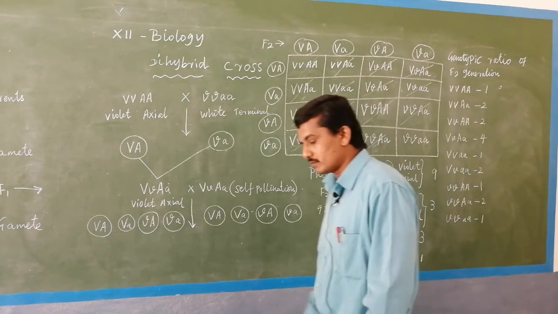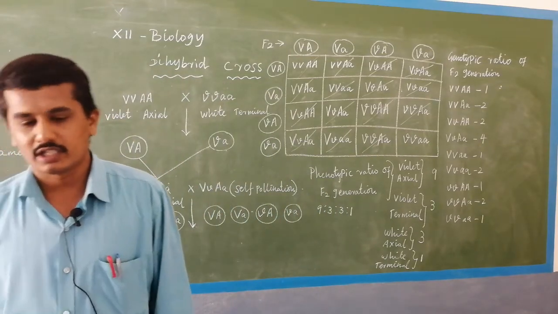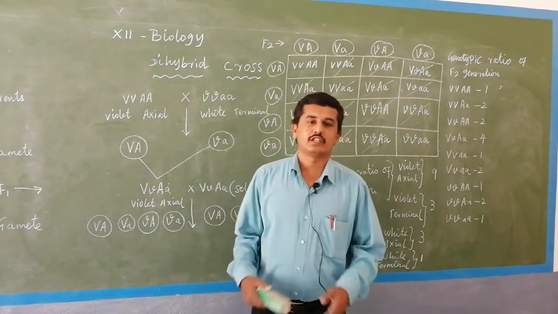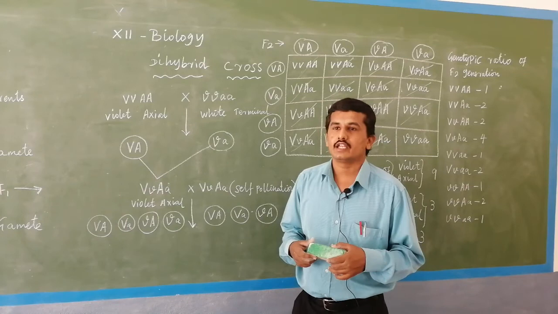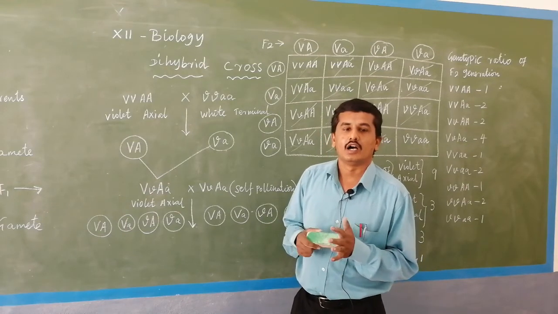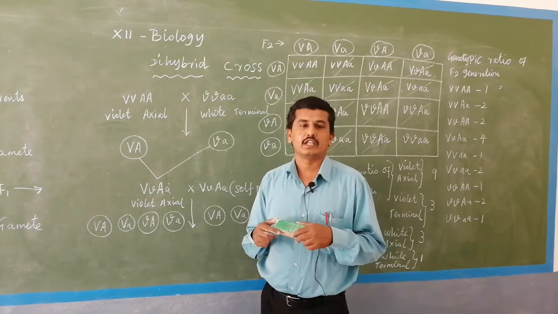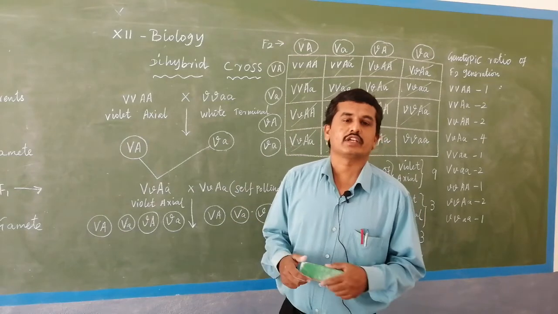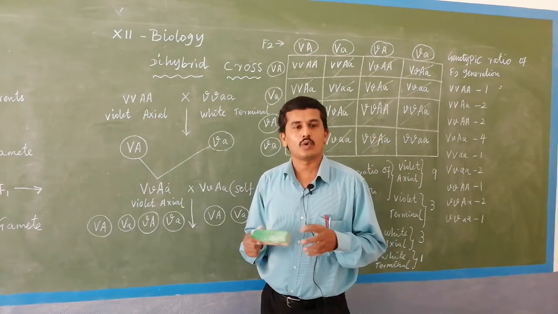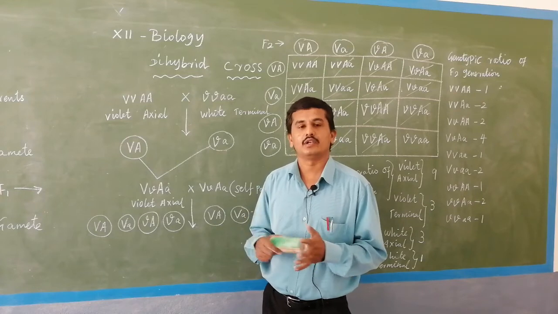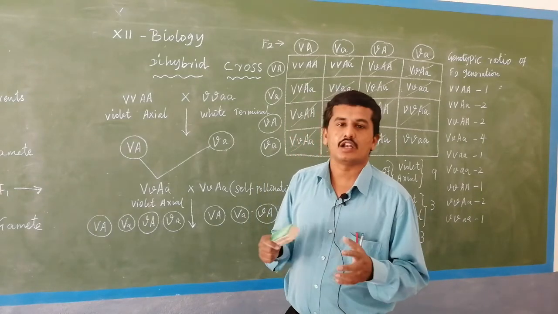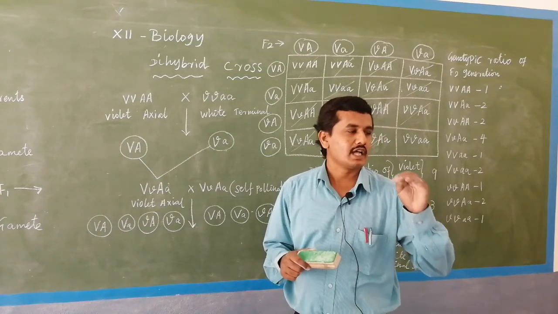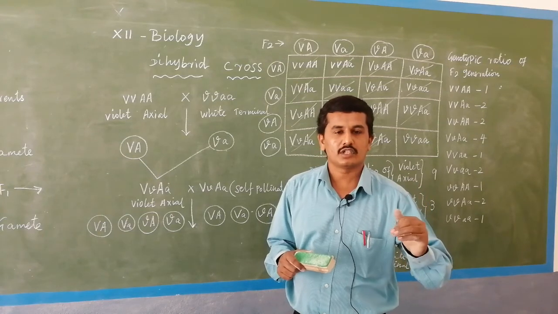So, what is meant by dihybrid cross? A dihybrid cross is nothing but inheritance of two genes. In simple logic, inheritance of two genes means two genes which control the characters. Normally in a monohybrid cross, only one gene controls the character. For example, we take one character, plant height: in one version tall, in another version dwarf.